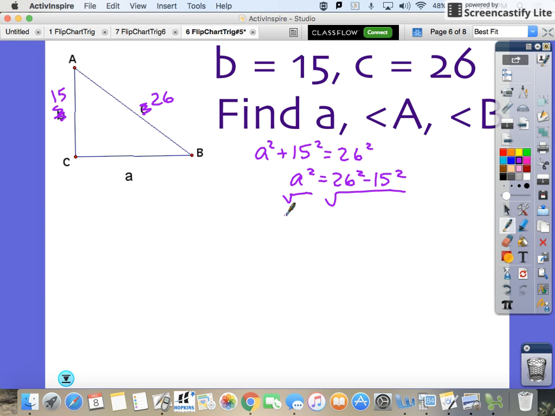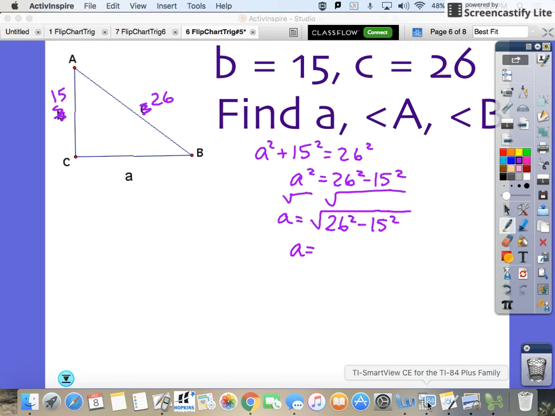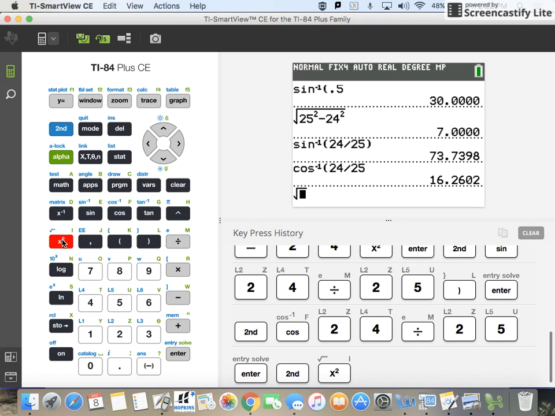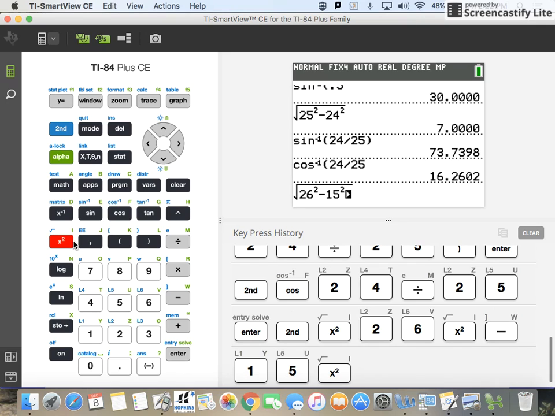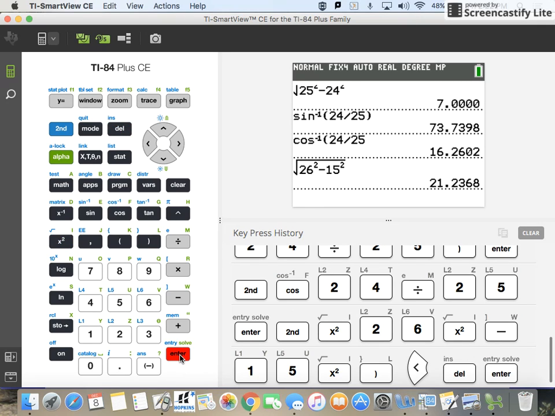So in my calculator, I'm going to type in the square root of 26 squared minus 15 squared. So A is going to equal 21.24.